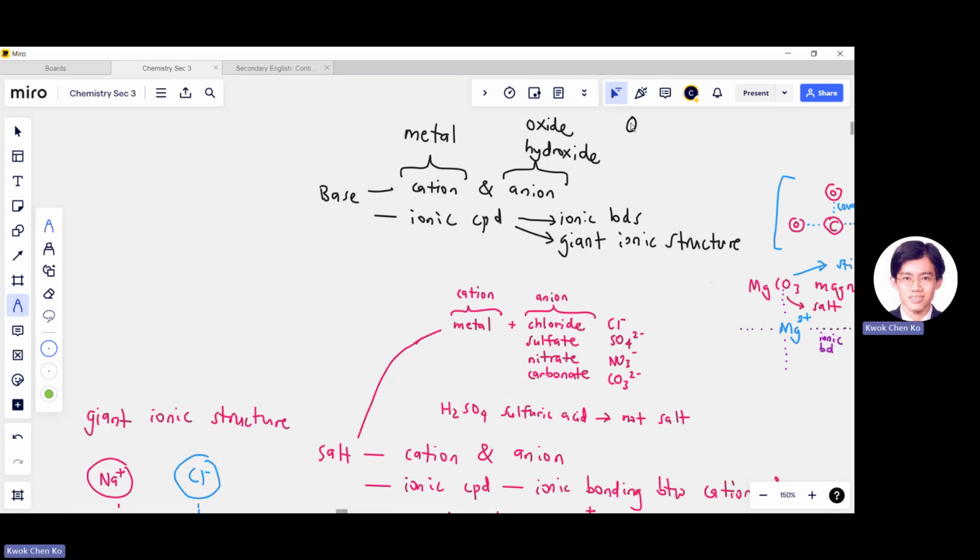Because it's in group 16, it can gain 2 more to give you the full shell. So therefore, oxygen will form oxide, which is 2 minus. So whenever you see the word oxide, it means it has already ionized, become O2 minus. Hydroxide is this formula, OH minus.